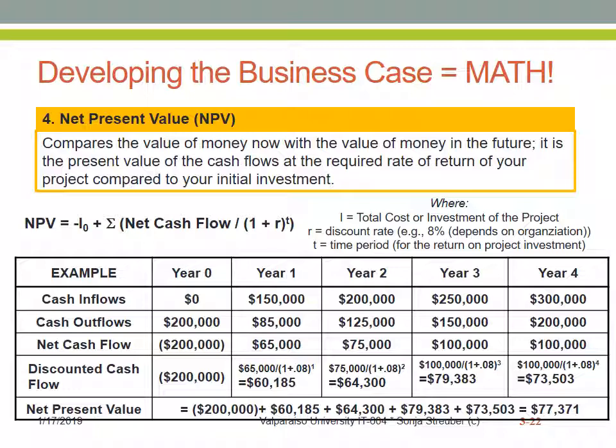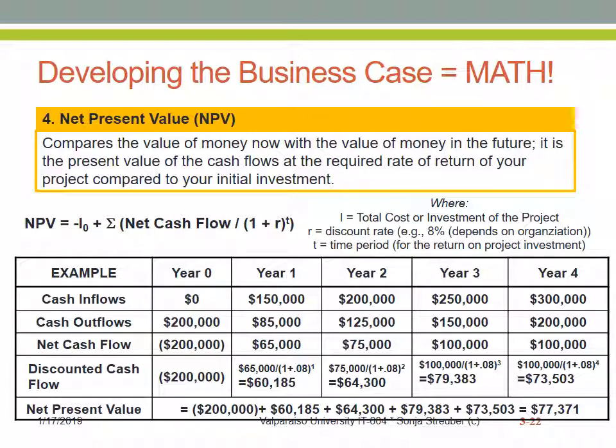So at the bottom of the slide is our example. We're seeing that the project is being conducted in year 0 and is supposed to yield 4 years worth of results. The cash inflow in our year 0 is 0 because this is when we're developing the product or the service.